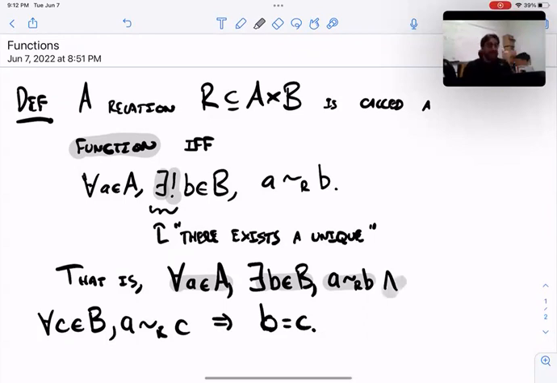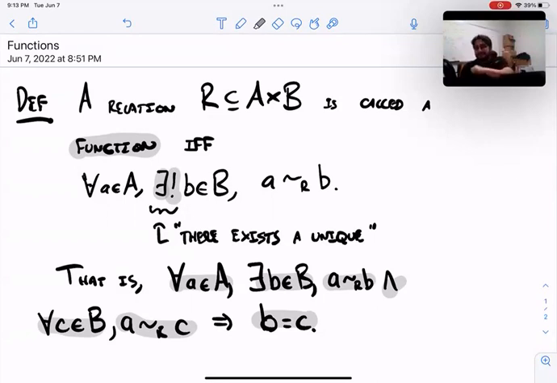We say, and if you find other elements, say some C, right, in B that are also related to A, then you know what C must have been? C must have been just another name for B, right? That C, if A is also related to C, then C must actually be B in disguise, right?